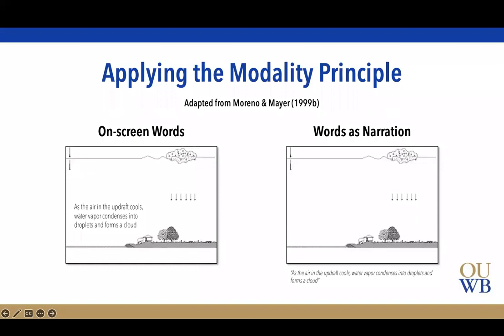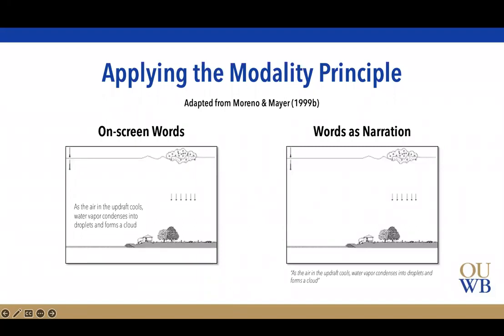So the picture on the left and the picture on the right here are exactly the same. The only difference between the control group and the experimental group was that the one group viewed the text on the screen. So they had to visually pay attention to the text, and they had to also visually pay attention to what it was they were seeing.